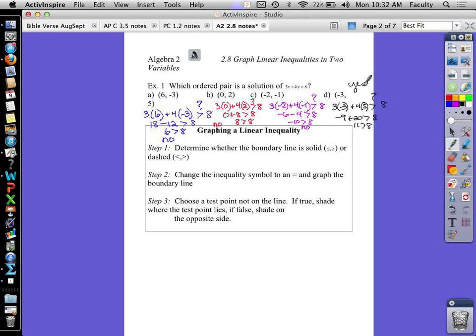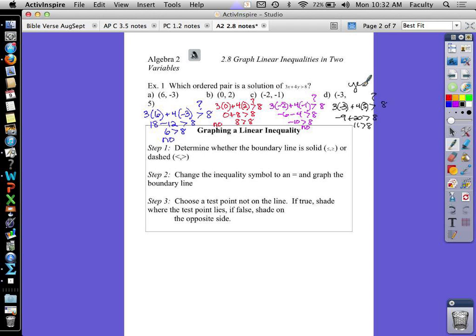All right, then in the box here, graphing a linear inequality. Step 1, determine whether the boundary line is solid or dashed. What I want you to notice is that solid has the or equal to part. Yesterday I was reading through my teacher book, and it had a suggestion for students who have difficulty remembering things: the less than is missing the or equal to, so it's dashed.